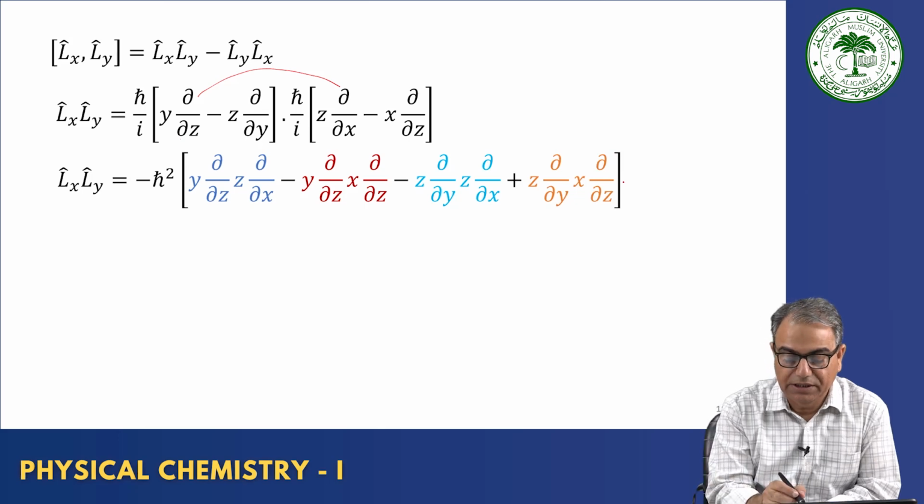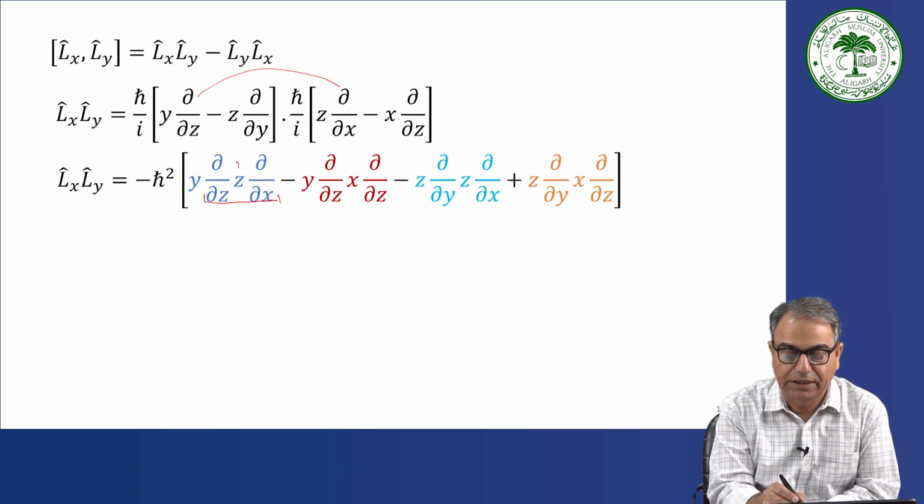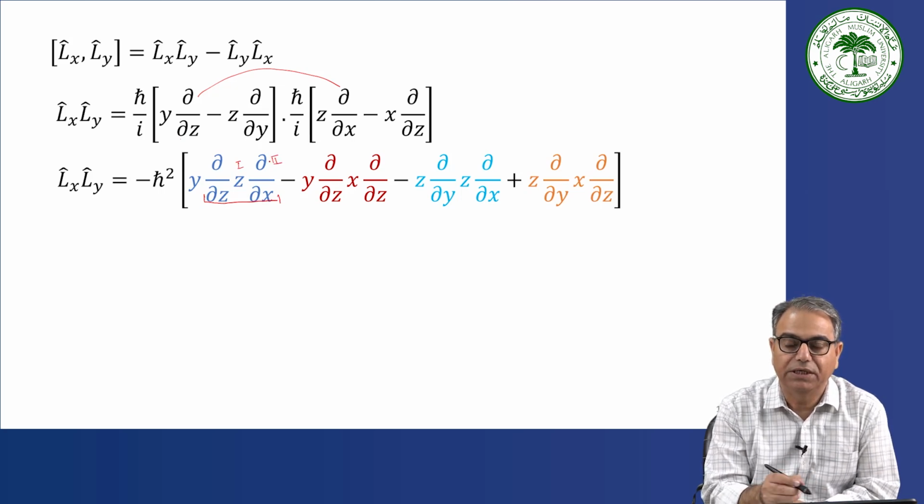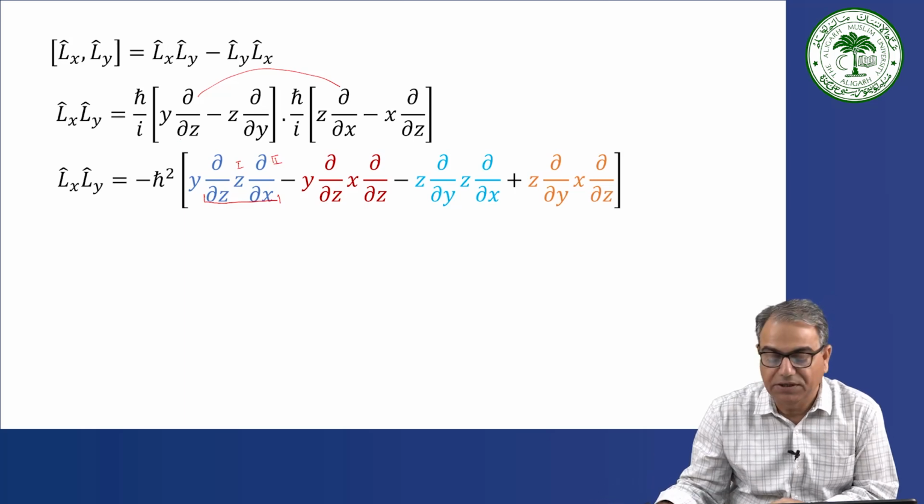Now the only thing is that you have a differential. If you concentrate on this one, you are differentiating by z the two terms, z and del by del x. So you keep one of the terms constant and differentiate the other one.